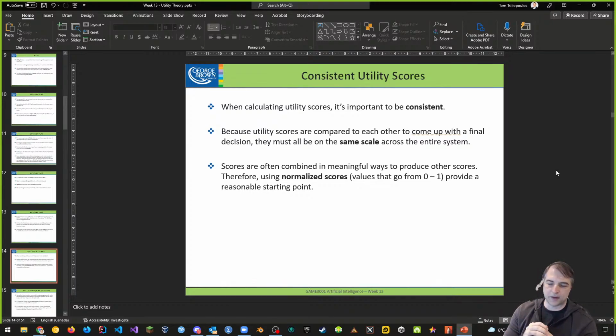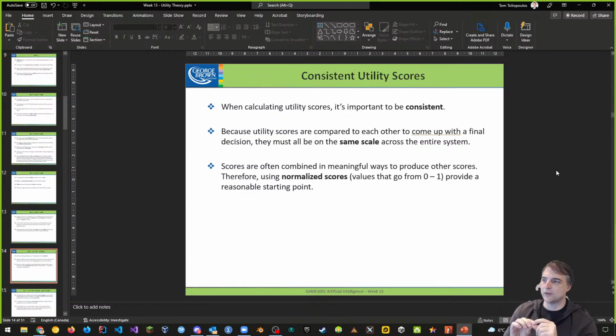We've been talking about numbers throughout the semester, and we're going to talk about numbers again in September when you come back for physics. A lot of times we have a normalized value, some kind of score between 0 and 1, where 0 is 0% and 1 is 100%, and a lot of times we want to start there.